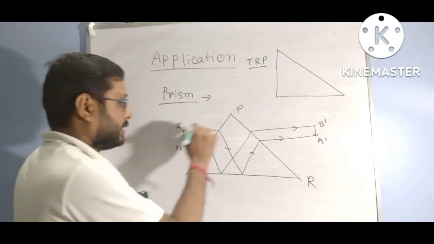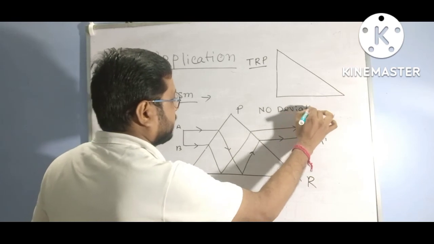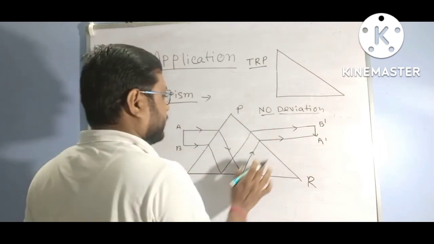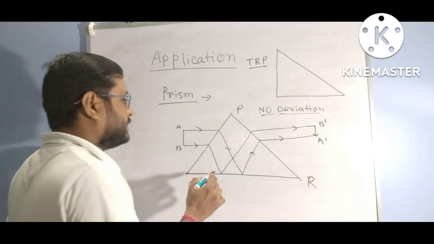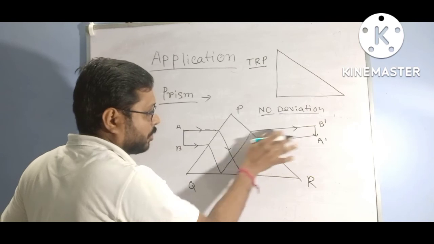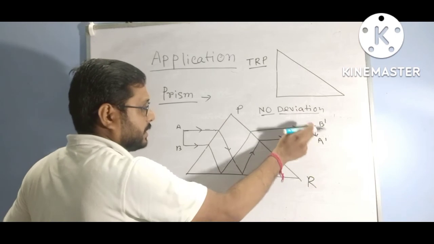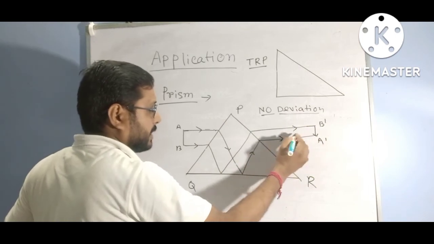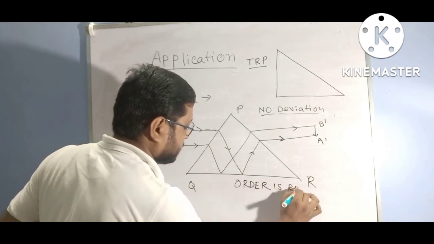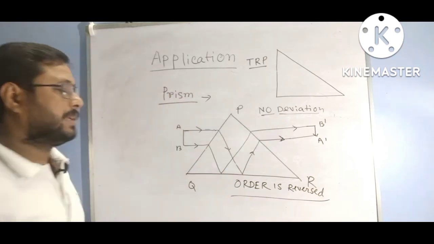Here the ray suffers no deviation, but the incident ray and the emergent ray are parallel, but here the order is reversed. The ray coming from A goes at the bottom and the ray coming from B goes up. So the order of ray is reversed. But there is no deviation. We get an inverted image.